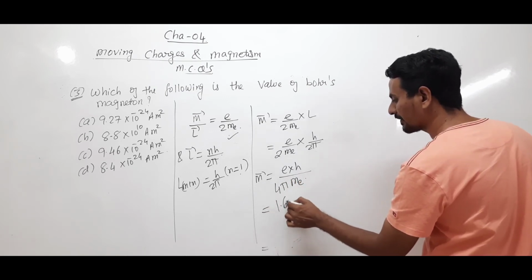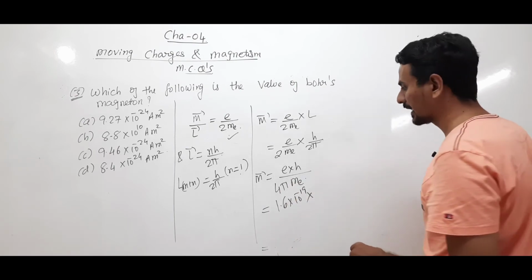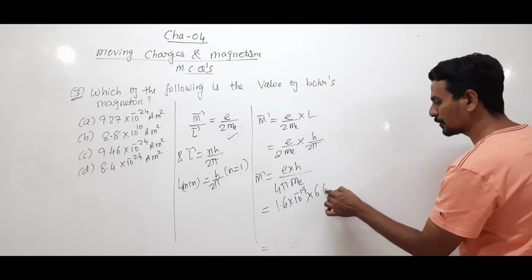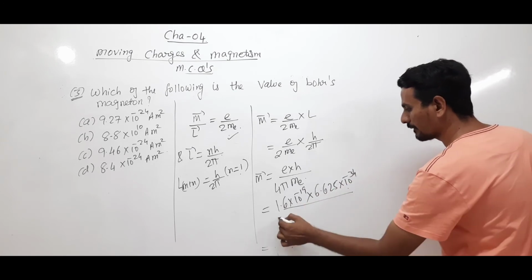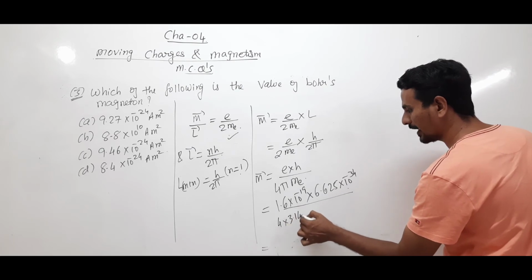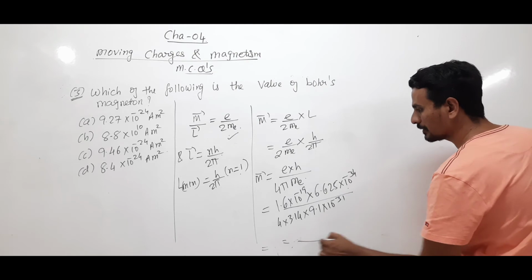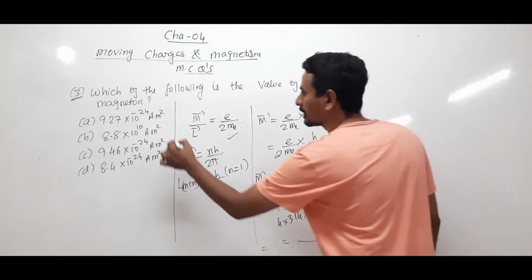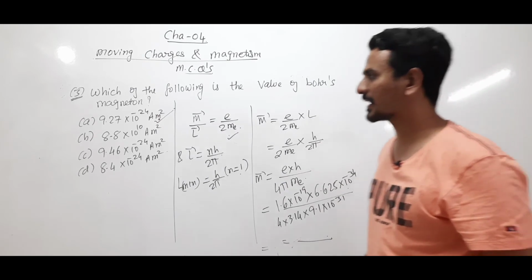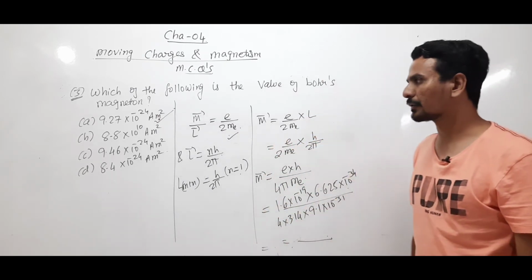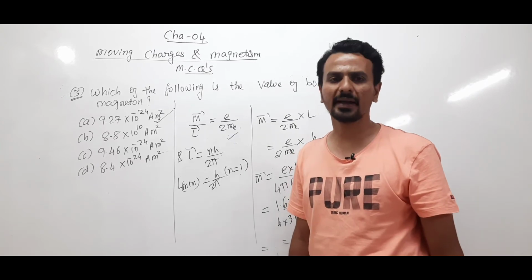E is 1.6 into 10 raised to minus 19, that is the charge of the electron. h is Planck's constant, 6.625 into 10 raised to minus 34, upon 4 into 3.14 into the mass of the electron. On solving this, you will get the answer. You can directly remember the value also, that the value of Bohr's magneton is 9.27 into 10 raised to minus 24 ampere meter square. Clear? Fine. The next one.